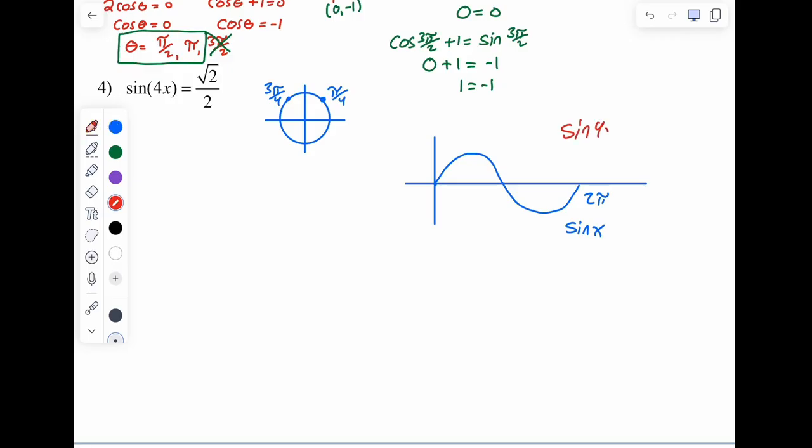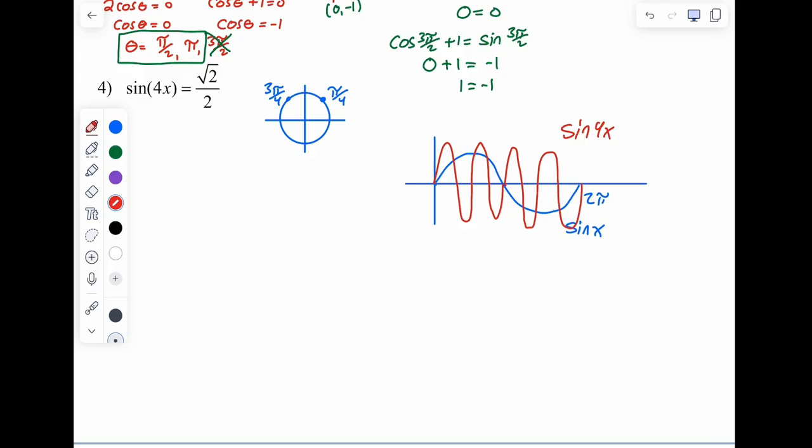Sine of 4x, that one is a horizontal shrink. And so it looks, I hope I can do this right. No, I'm doing it wrong already. Sine 4x looks like that.